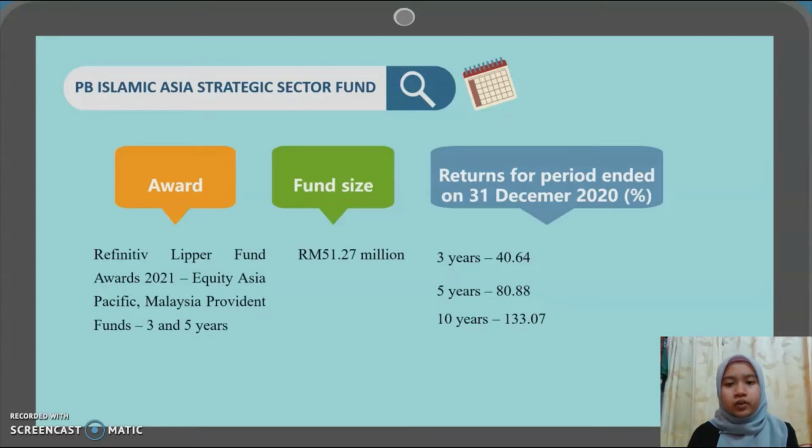Their returns for the period ended on 31 December 2020 for 3 years is 40.64%, for 5 years is 18.88%, and for 10 years is 133.7%. I think that's all from me.